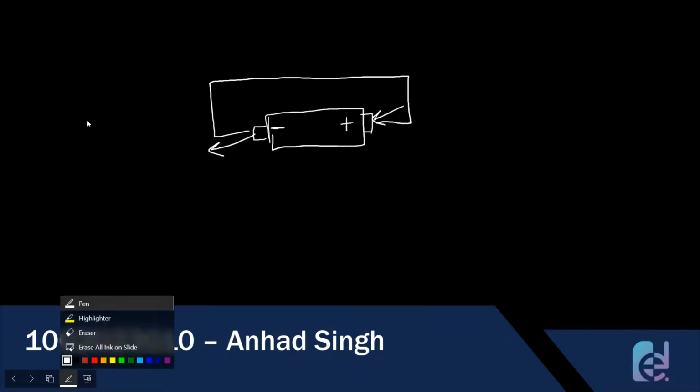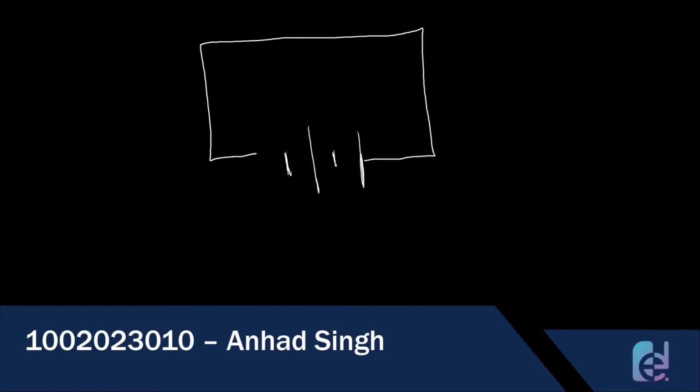The electrons get pushed out of the negative terminal and come into the positive terminal, and this keeps on going in loops. Let me draw this circuit again. You have this circuit, and the electrons are moving around inside it like this.